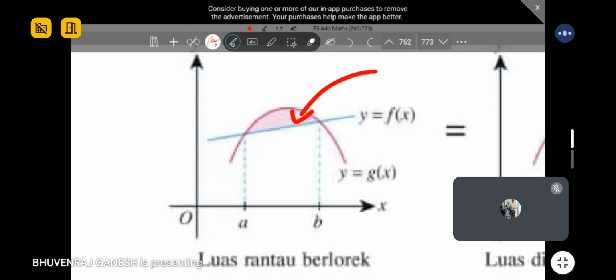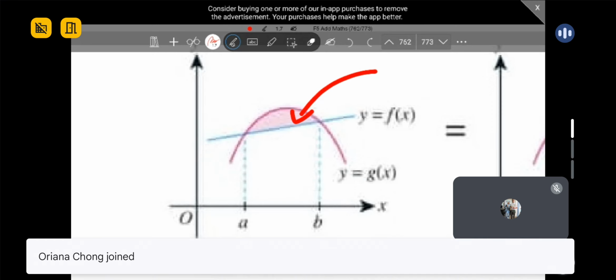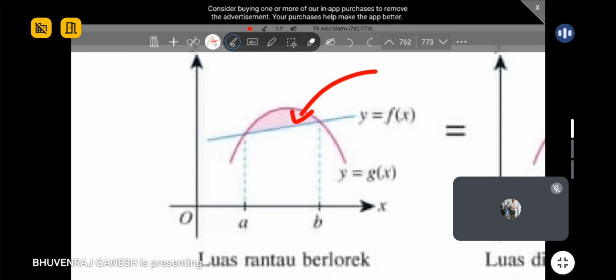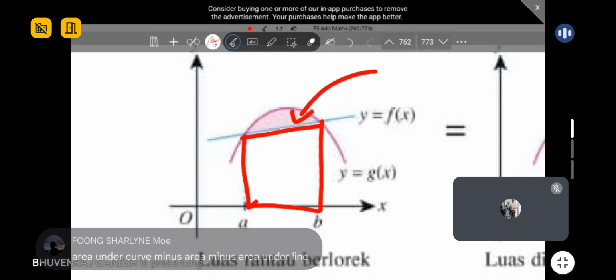Second method, there is one more method. Anyone know? There is a second method actually. Let's say, guys, I forget what the formula for area of trapezium is. Saya lupa dah luas trapezium.